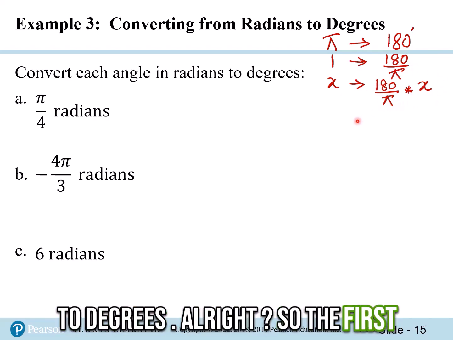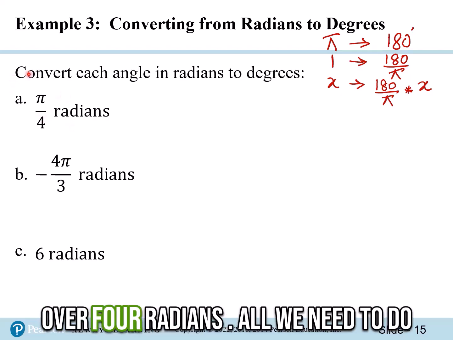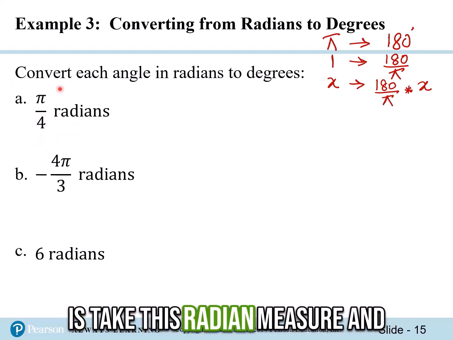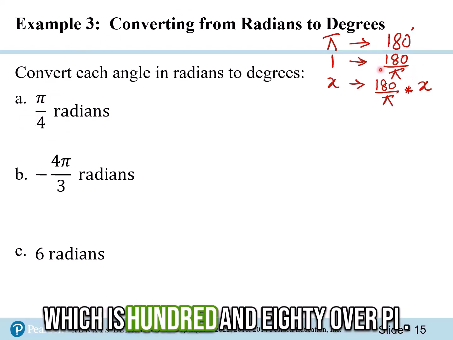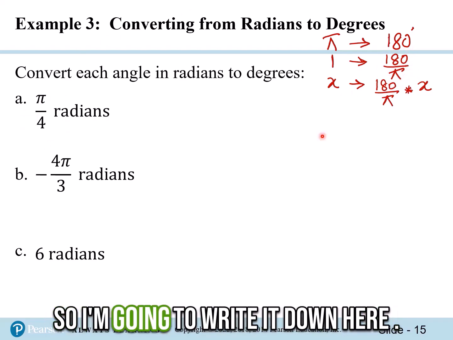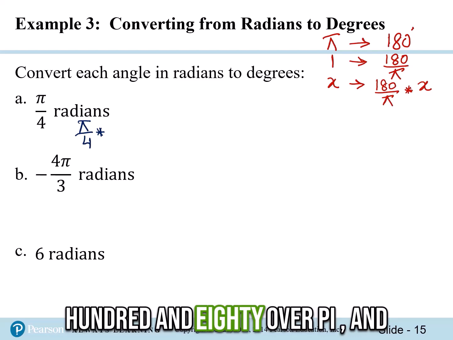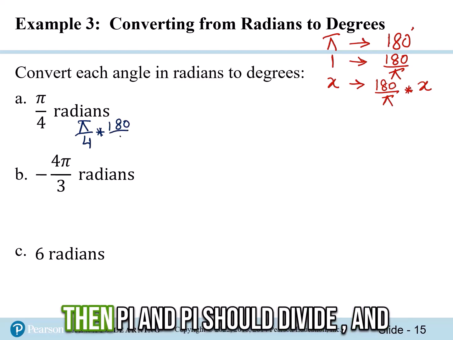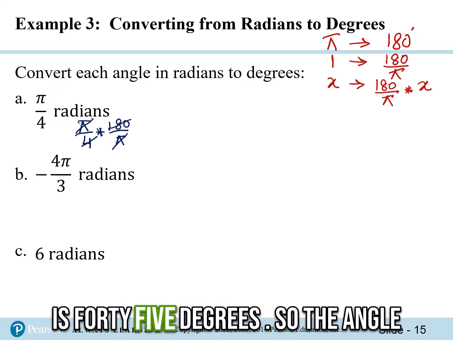All right. So the first example here says to convert pi over 4 radians. All we need to do is take this radian measure and multiply by the conversion ratio, which is 180 over pi. So I'm going to write it down here. So pi over 4 multiplied by 180 over pi, and then pi and pi should divide, and 180 divided by 4 is 45 degrees.